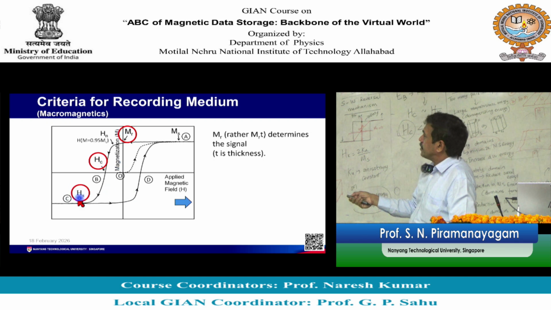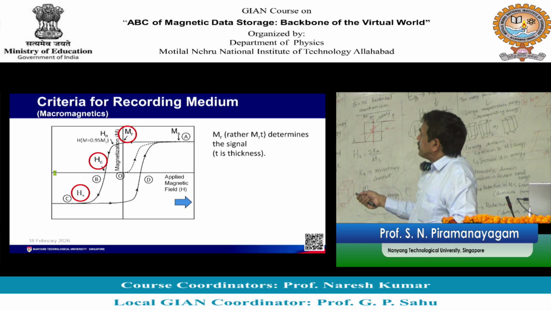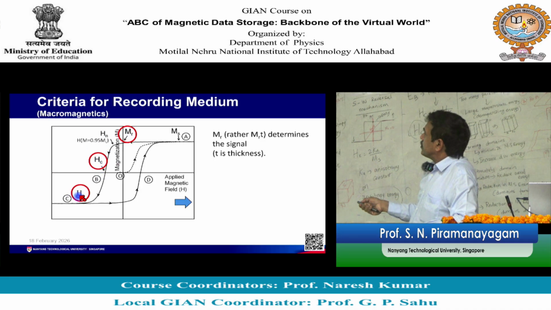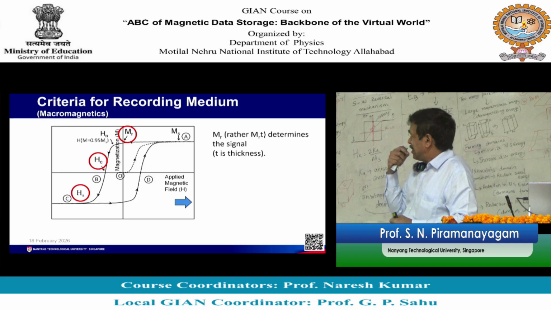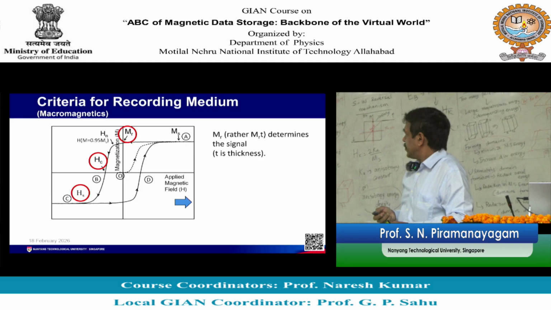The saturation field also is related to the x axis. The field that corresponds to saturation is somewhere here. This field is called the saturation field. So MR, coercivity and HS are related to reading, storing and writing information.